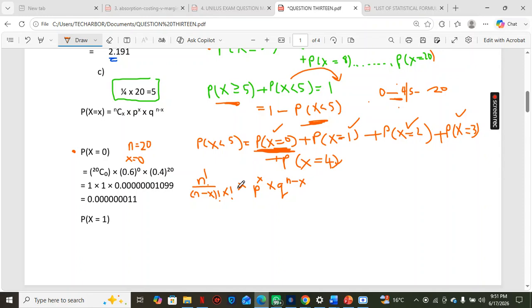This is the formula we're going to use to calculate all of these probabilities. What is just going to be changing is the x values. N will remain the same, p the same, q the same.